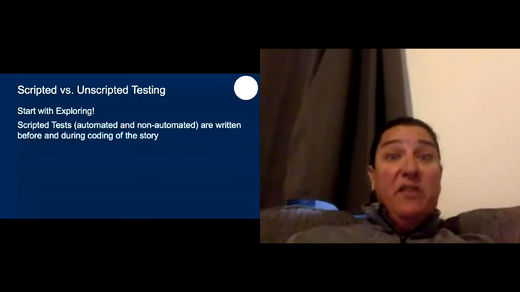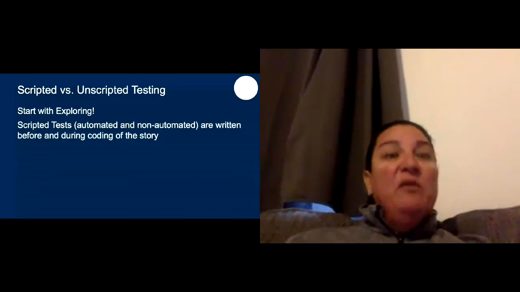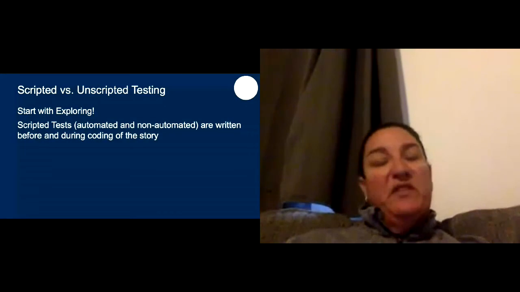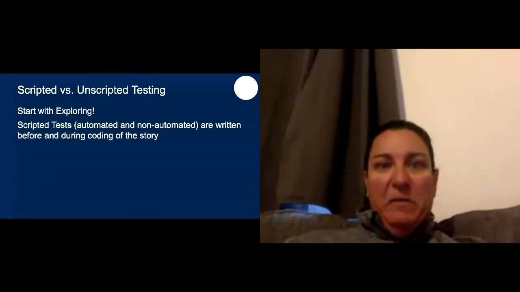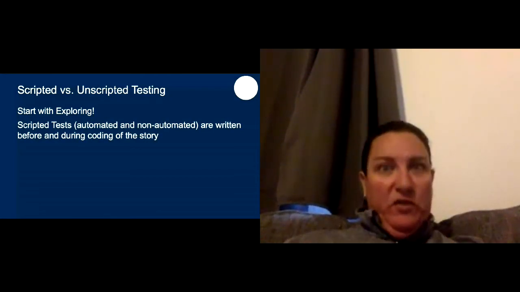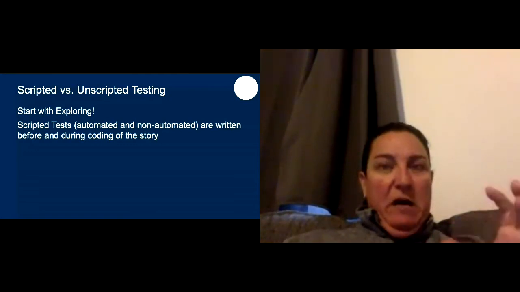And ideally, those scripted tests, both automated and non-automated, have been written before and during the coding of the story. So by the time that story comes to the quality engineering team, we have already had those tests created, and they're ready to be executed.